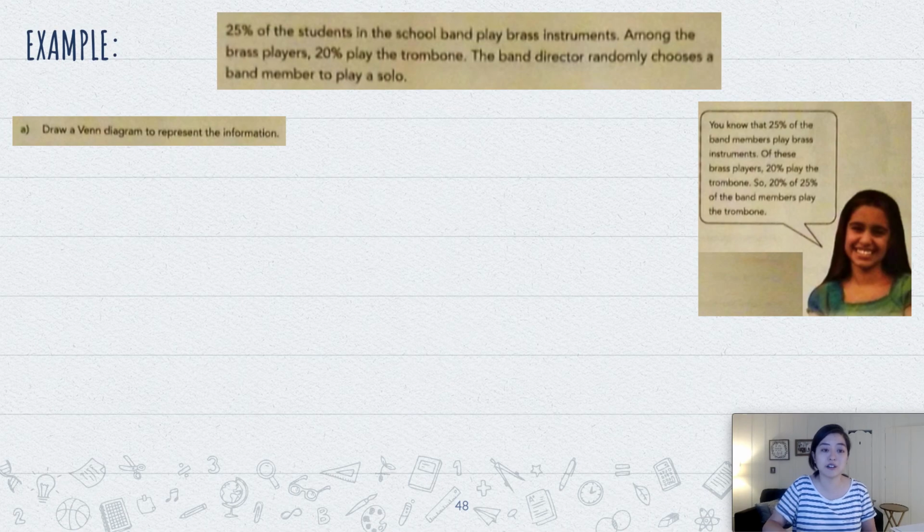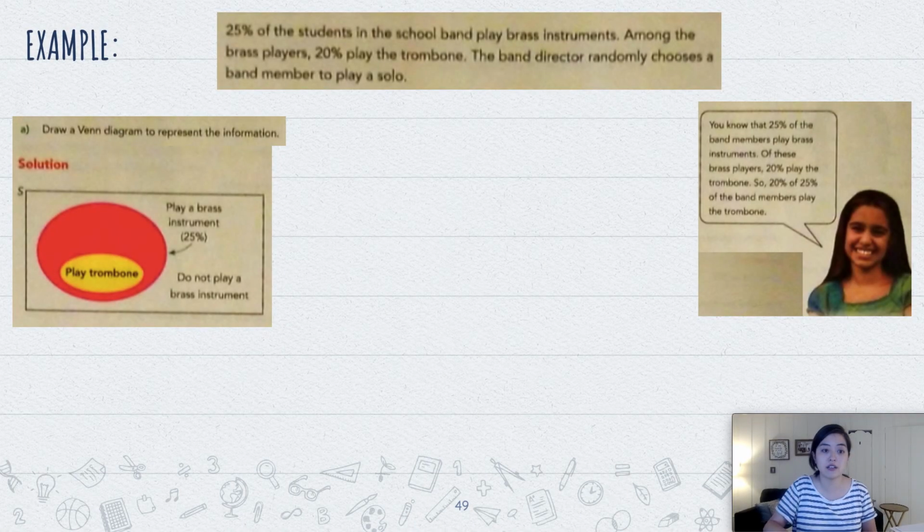It says to draw a Venn diagram to represent the information. So here it is. Notice here's my sample space with the rectangle. My red circle represents playing a brass instrument with the percentage given, that's 25%. My yellow circle is the percentage that plays the trombone.